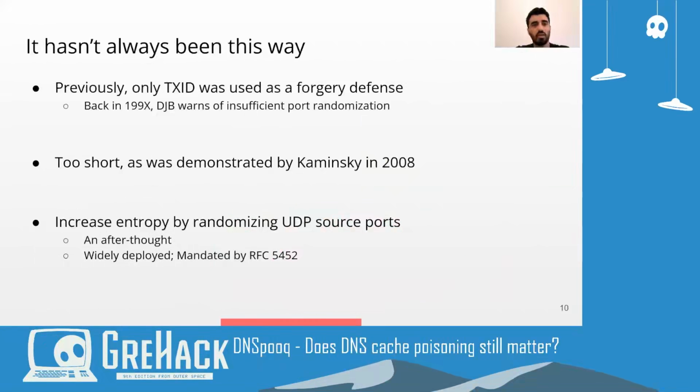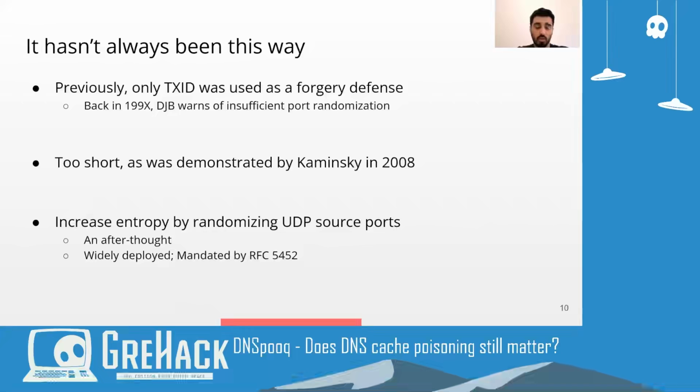However, as we know, in the realm of internet protocols, things evolve, and DNS was not designed with security in mind. So in the past, only the transaction ID was used as a forgery defense.